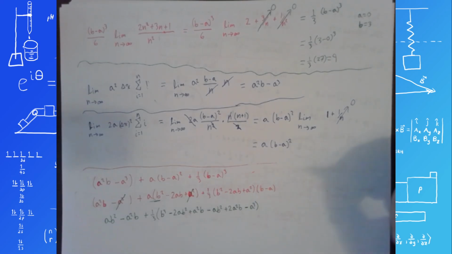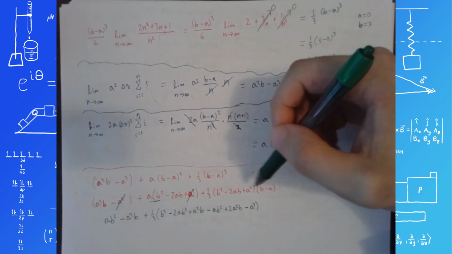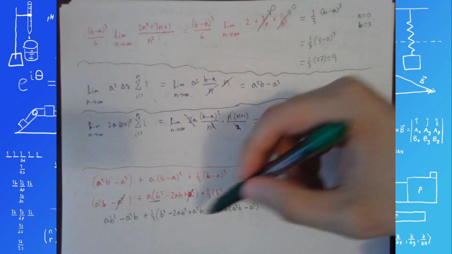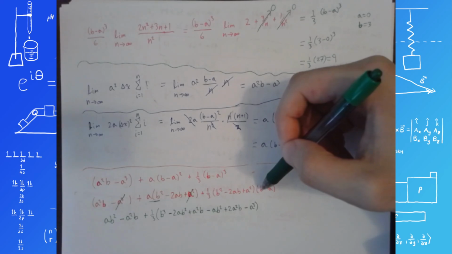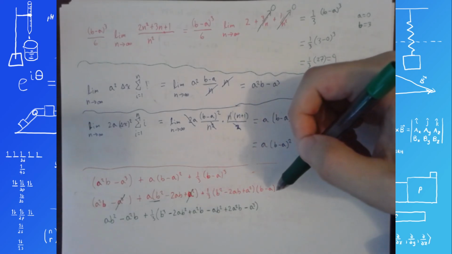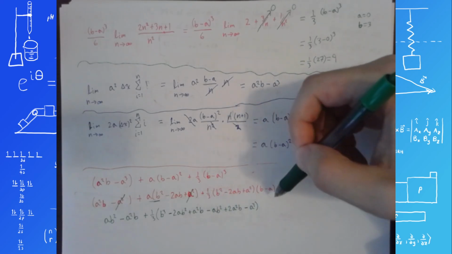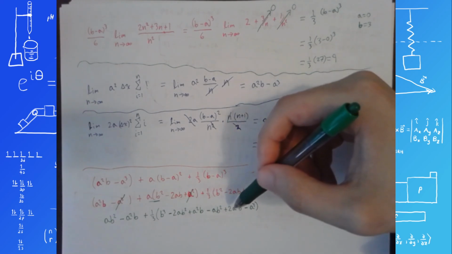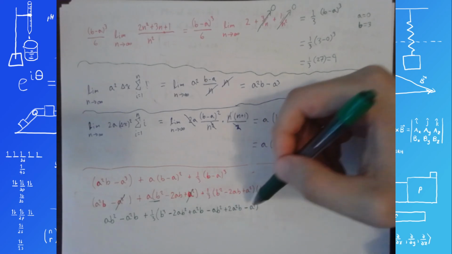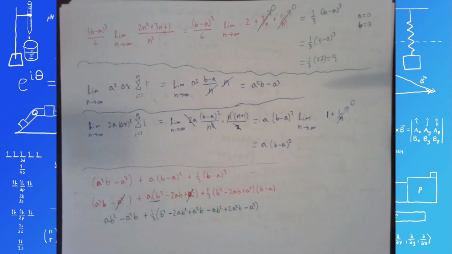Did I do all that right? So distributing b, I get b cubed minus 2ab squared and plus a squared b. Distribute minus a and I get minus ab squared plus 2a squared b and minus a cubed. Okay, that is all looking good.